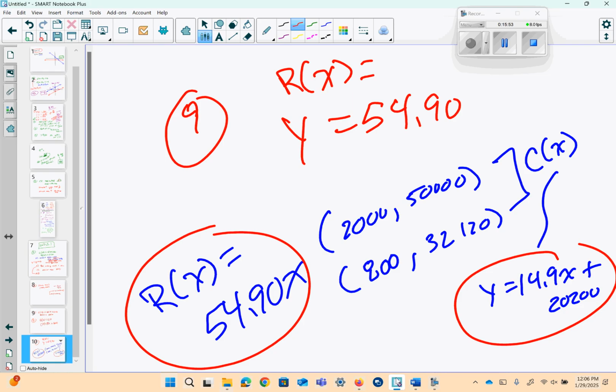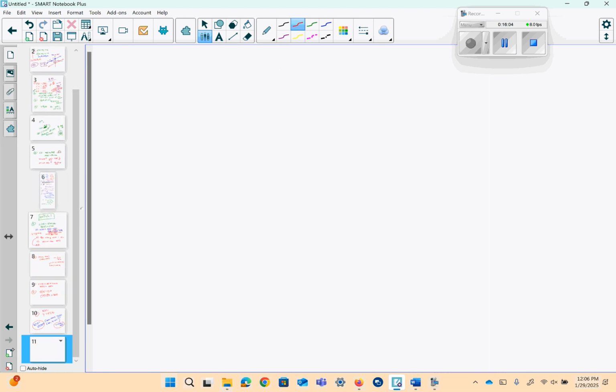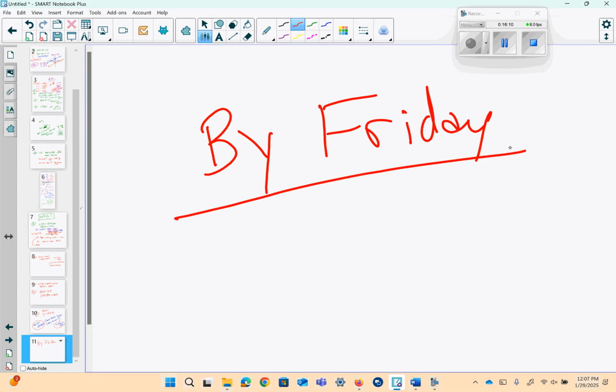Every one of these things can be done using Desmos and then just sketch the graph of what it looks like. I'll just say by Friday, which is really Monday because we have credit card stuff we're talking about on Friday.